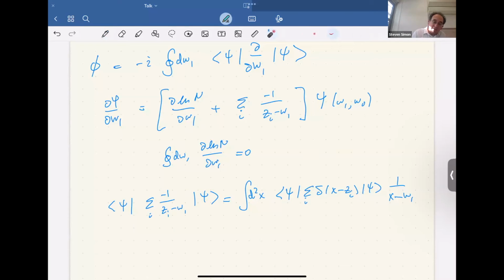So instead of having a sum here, I'm going to put a delta function here, integrate over x, and have this guy on the outside. I think I'm probably missing a minus sign.